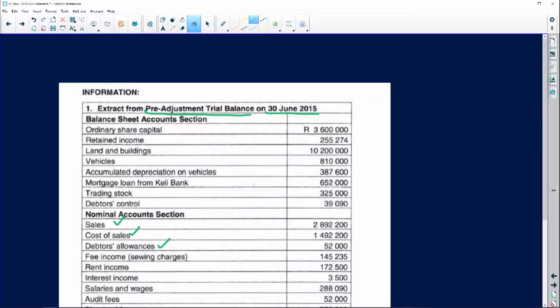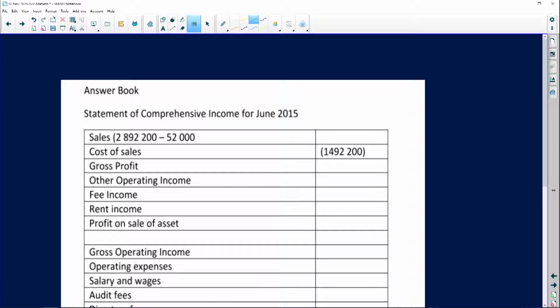Then we've got fee income, 145,235. So I just want to quickly bring that down in brackets. I like to do it right at the beginning before I tackle the year-end adjustments. Remember, every amount you bring down is obviously worth a mark. So in brackets, 145,235.